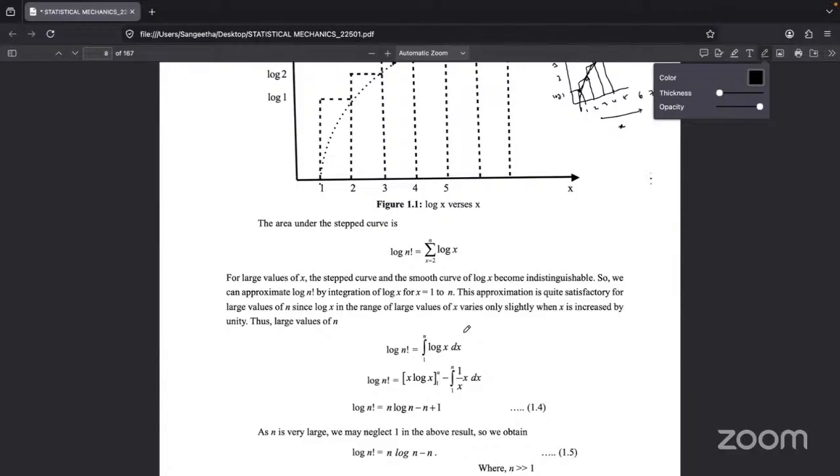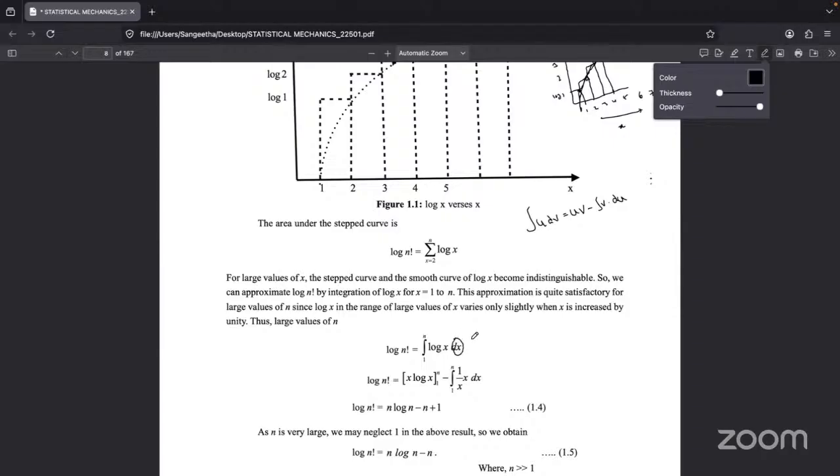Here we can use the integration formula: integral of u dv is equal to uv minus integral of v du. Apply this formula.